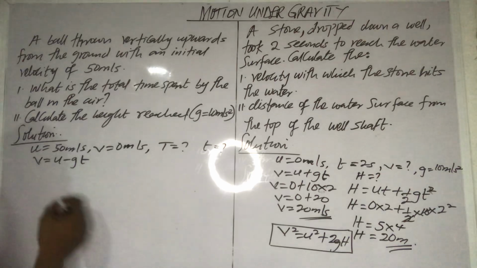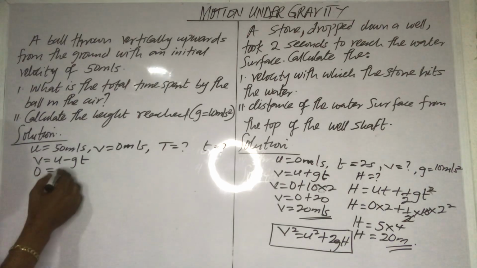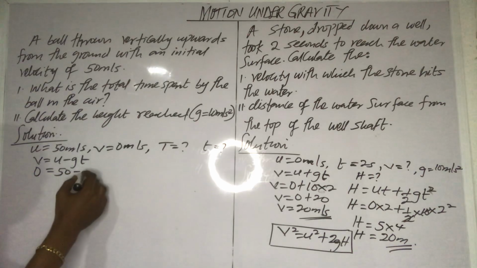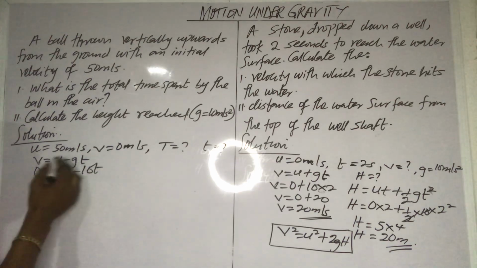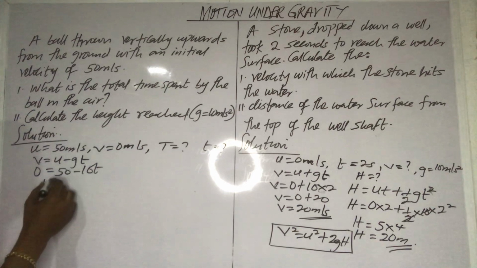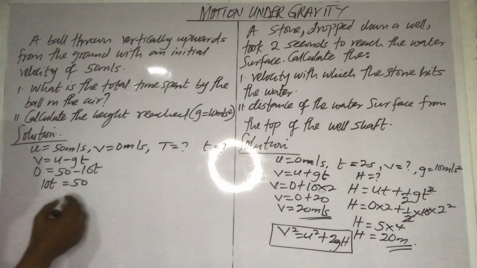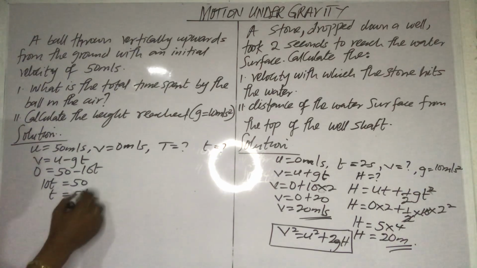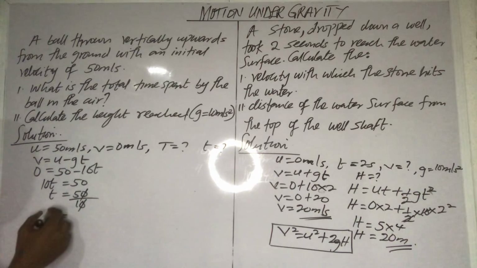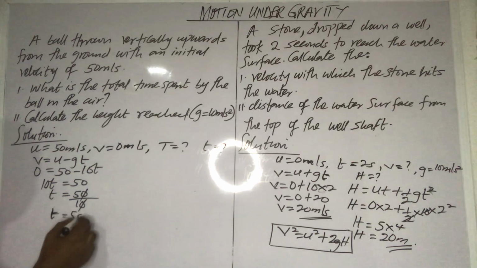So I will substitute my values now. You have 0 is equal to 50 minus 10t. Collect like terms. This minus 10t crosses to be positive. So I will have 10t is equal to 50. Then t is 50 divided by 10. Divide both sides by 10. t is equal to 5 seconds.